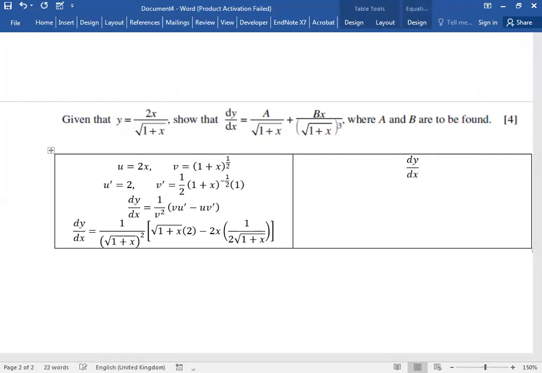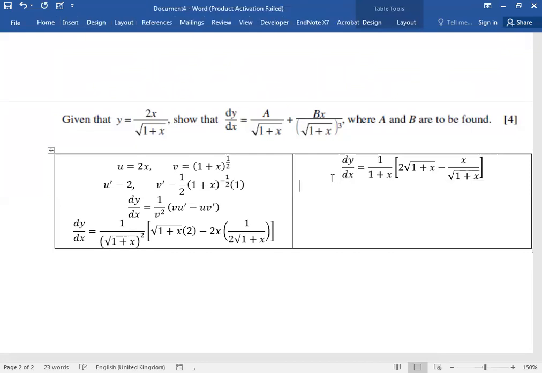Now let's get on with simplification. 1 over 1 plus x into 2 square root of 1 plus x minus 2x upon x upon square root of 1 plus x. Is that right?